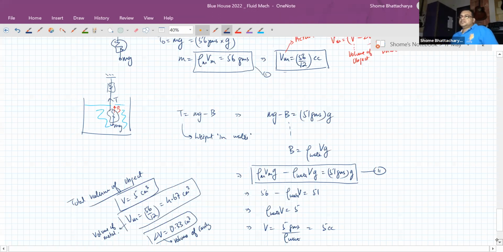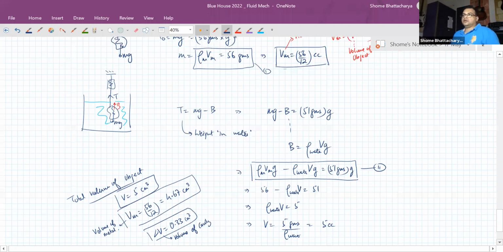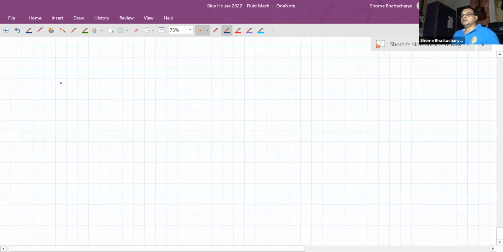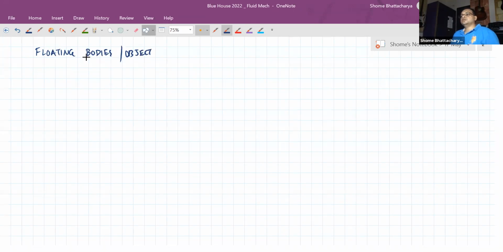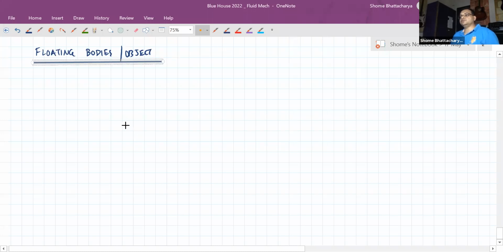Next, let's understand the physics of a floating object and how we can apply Archimedes principle. The idea is that for an object to be able to float, there must be sufficient buoyant force or upthrust to be able to balance the weight of the object, right?